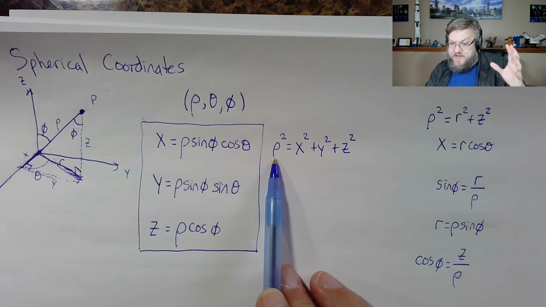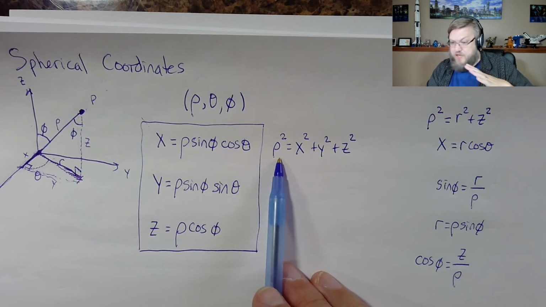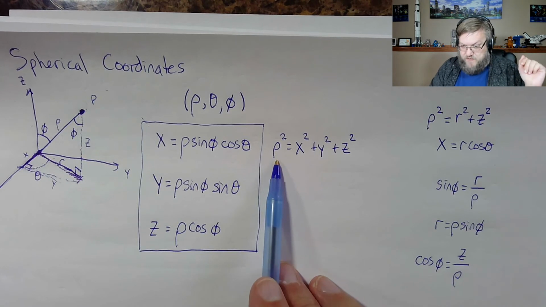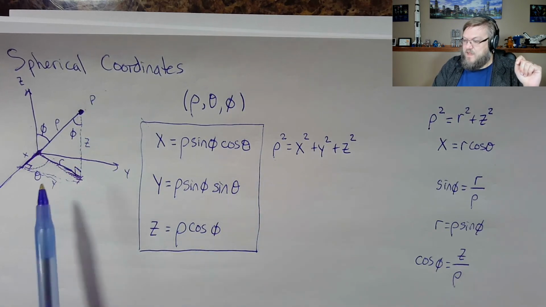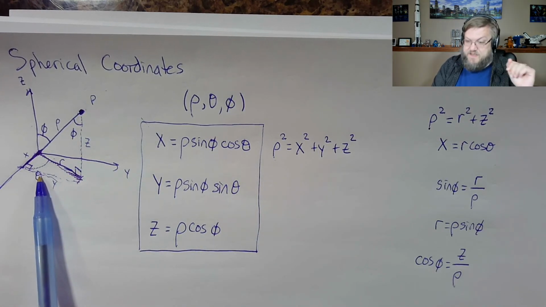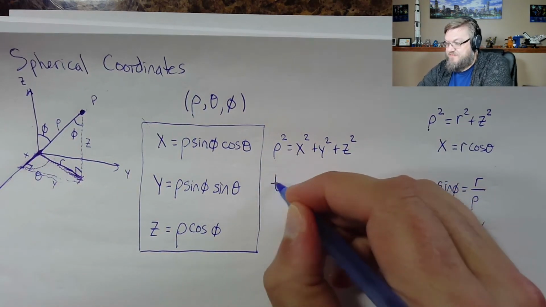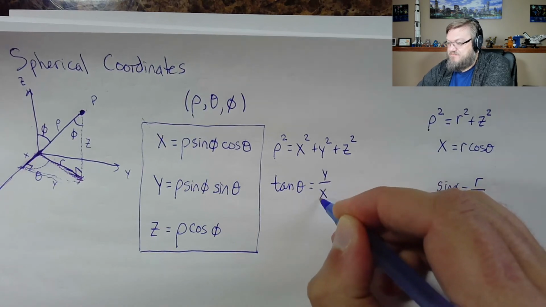So that takes a lot of the mental worrying about that sort of quadrant thing that we had going on, at least for rho. We know that rho has to be positive. That's by definition. We take rho to be positive. Okay. Awesome. Now, theta is the theta in polar. So it's our old friend. Tangent of theta is y divided by x.